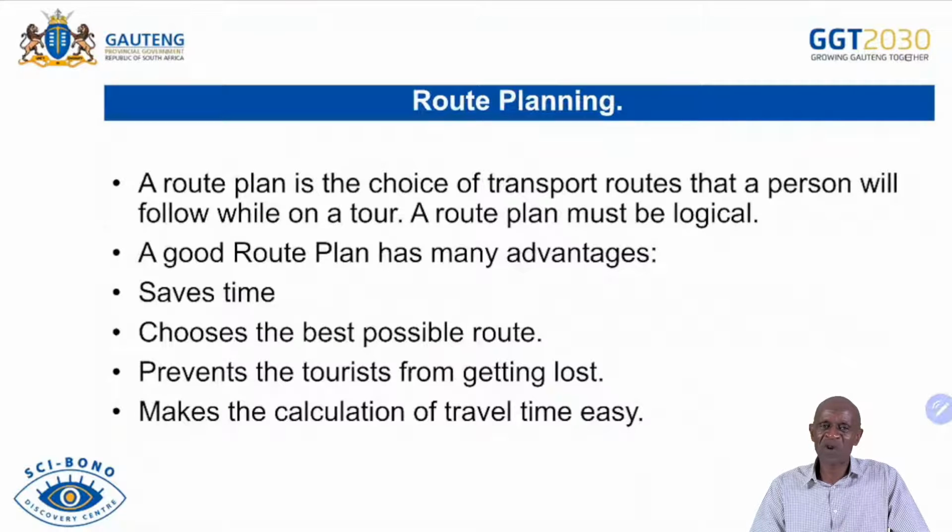The first one is the tour plan, and we have fairly explained the tour plan in respect of the tourist profile, which plays a critical role in planning for a tour. Now, the second aspect of our topic is route planning.